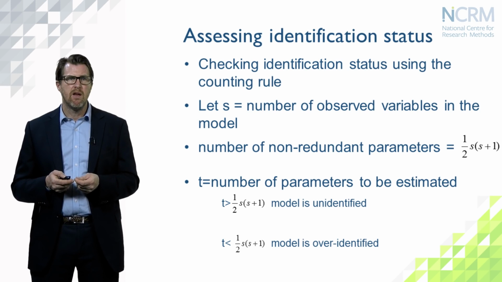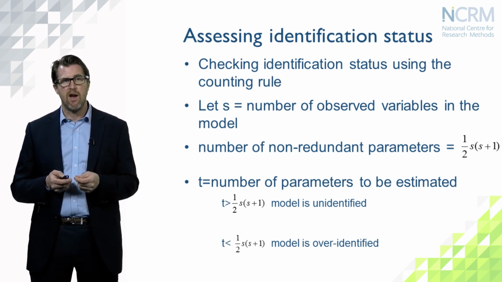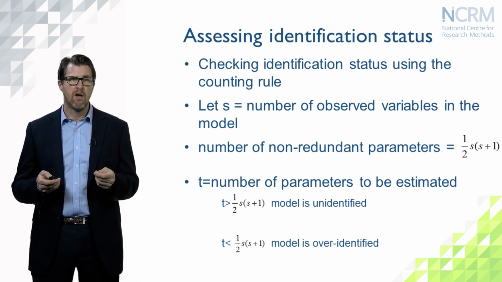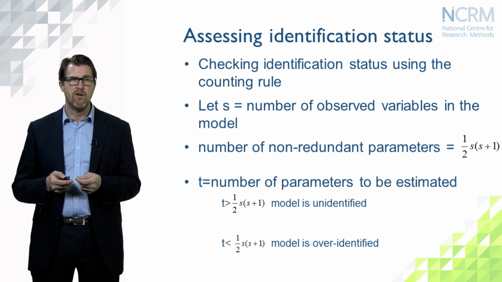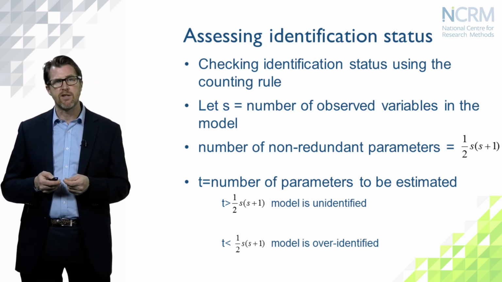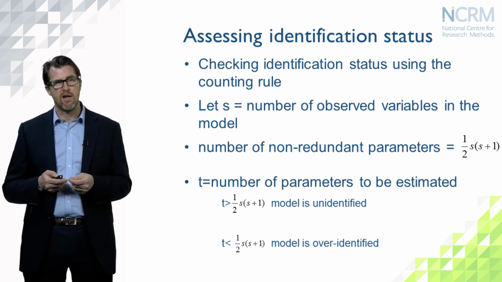So here's the accounting rule that can be used, where if we have S as the number of observed variables in the model, the number of non-redundant parameters is given by this equation, which is a half of S times S plus 1.